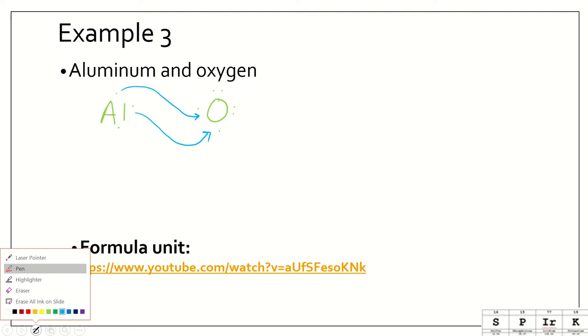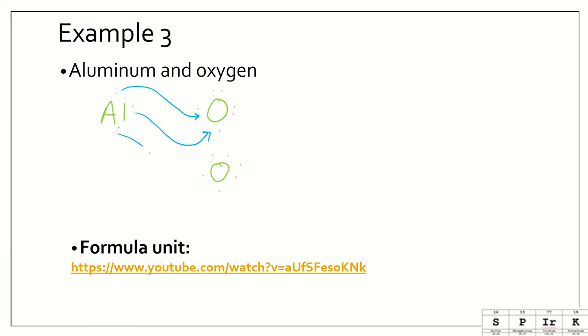So this isn't electrically neutral or balanced out. So we must need another oxygen. Again with 6. So aluminum's going to give its other valence electron here. But notice we still have this unpaired electron down here. And electrons don't like to be alone. So we must need another aluminum.